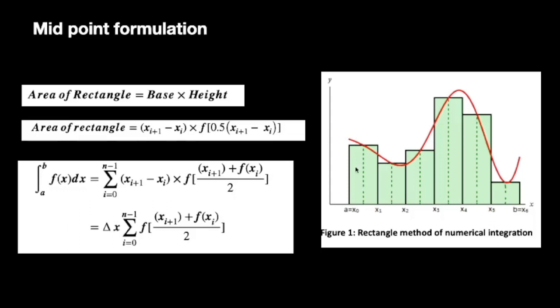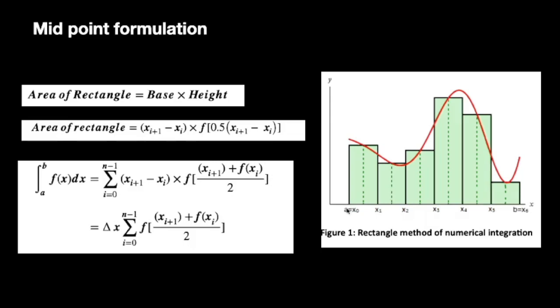Now if you look at it carefully, the area of a rectangle is simply the multiplication of two sides. So here this side I call the base and this side I call the height. The area of a rectangle is base into height. So what is the base distance from here to here?